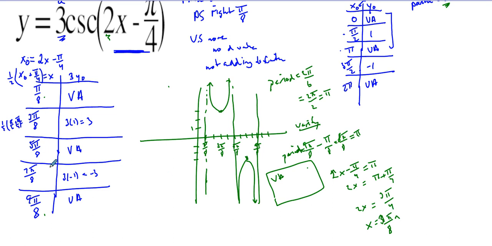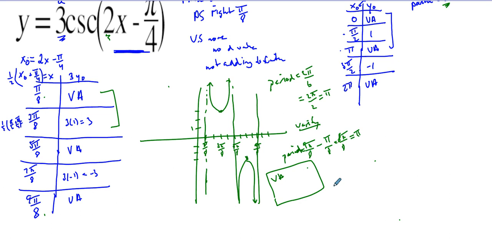So if you had 1, 2, 3 pi over 8, that's what we have there. And I am getting really mixed up on here. I apologize. But our new vertical asymptotes are going to be from here, and each one is going to be a total of pi over 2 units away.